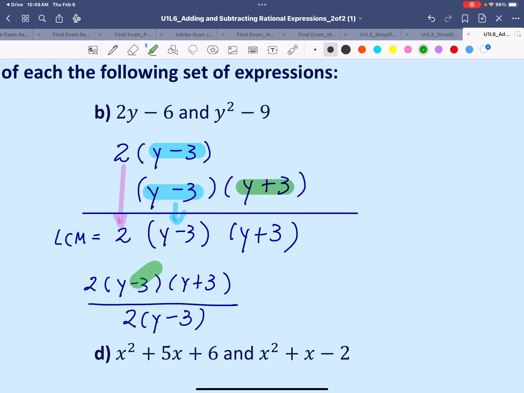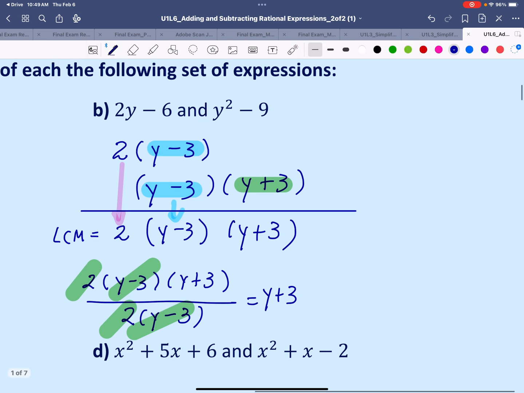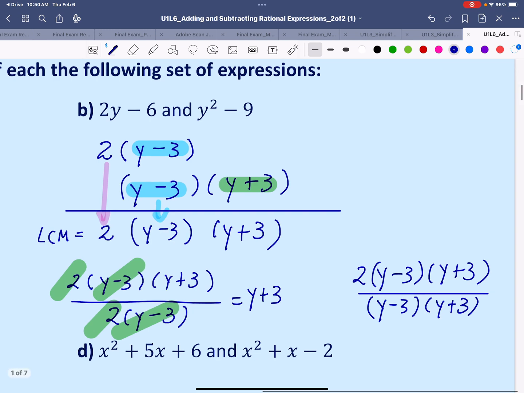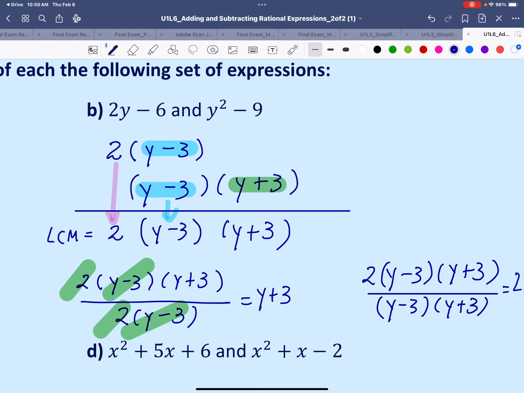As you can see, this simplifies, and we have y plus 3. So we divide without having any remainders. And the same thing can be said about y squared minus 9, which is y minus 3 times y plus 3. The lowest common multiple divides evenly into it, and the answer would be precisely 2.